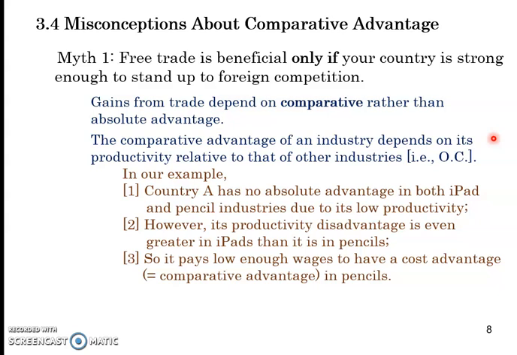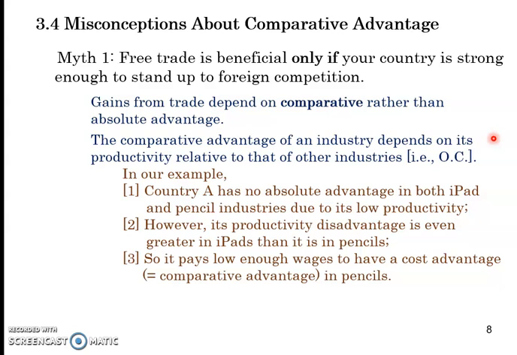Putting it together, what we're saying is a country like A may have no absolute advantage, but every country has a comparative advantage. Because again, as we said, it's comparing one industry with another in the same country, right? We must find that it's more productive or efficient in one industry than it is in the other.